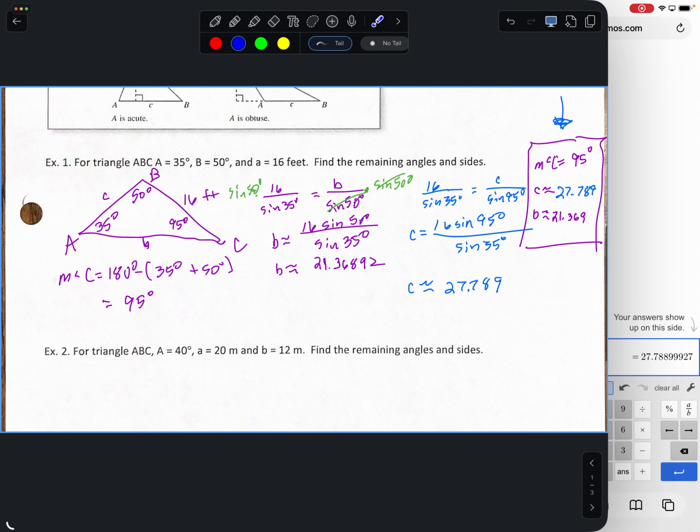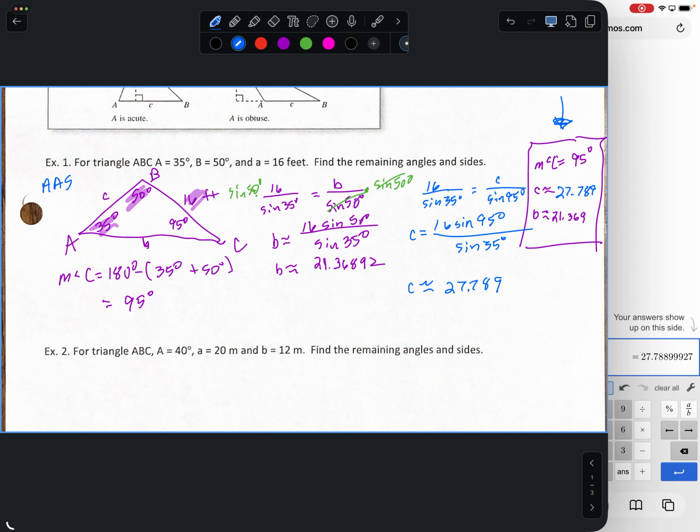All right, so then, by the way, they gave us the 35, the 50, and the 16. And that is an angle, side situation. And in geometry, you learned that if 2 angles in a not included side of one triangle are congruent to 2 angles in a not included side on another, that those 2 triangles are congruent.